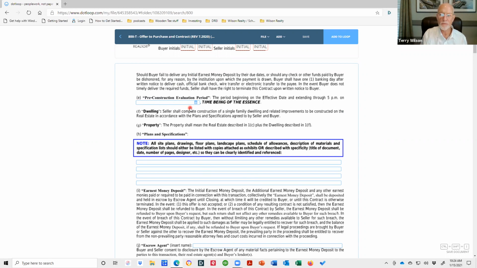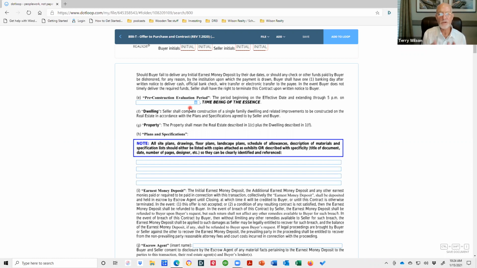It's going to be different because the house isn't built yet, so the lender may have a lot of questions. So you want to consult with the lender before you commit to any pre-construction evaluation time period.